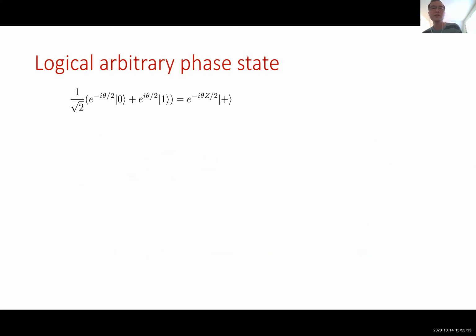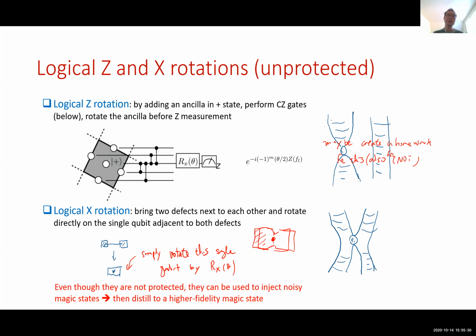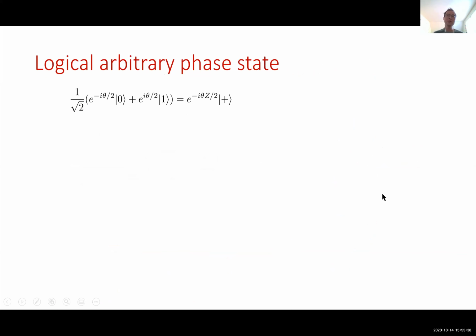Logical phase state. How do we create a logical phase state? Okay. So we have a rotation, right? And I also mentioned earlier, I can prepare the logical state. This is preparation of the logical X plus state.